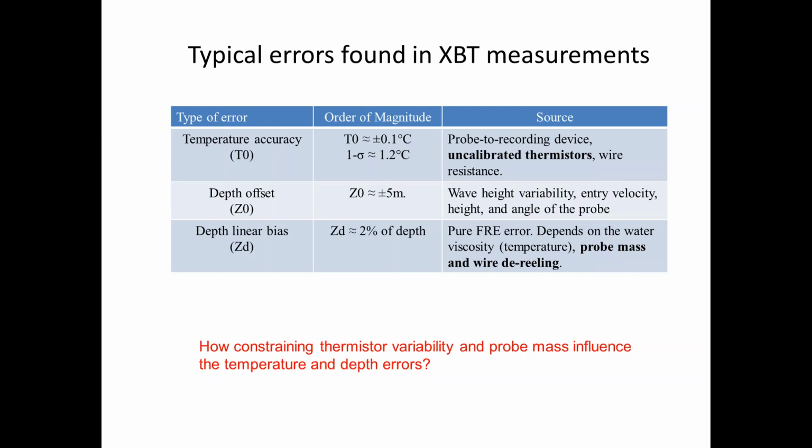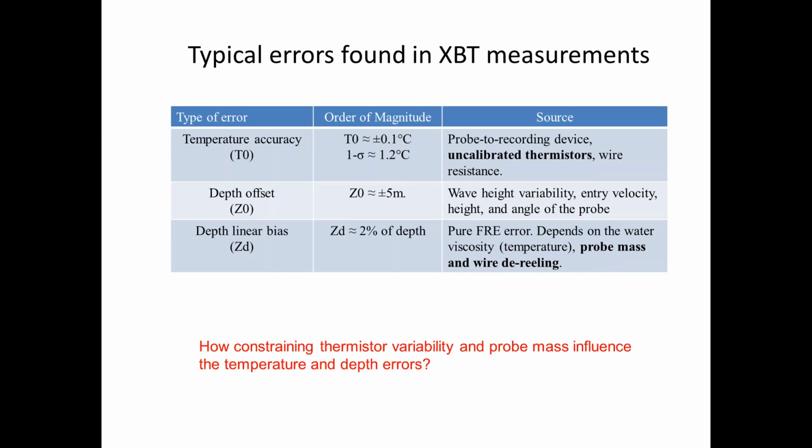This is the maximum tolerance, or let's say the total accuracy. In terms of one standard deviation it would be about 1.2 Celsius. And this is due to, for example, a miscalibrated thermistor or wire resistance. And the recording device, nowadays it has moved from analog to digital, and that improved a lot.